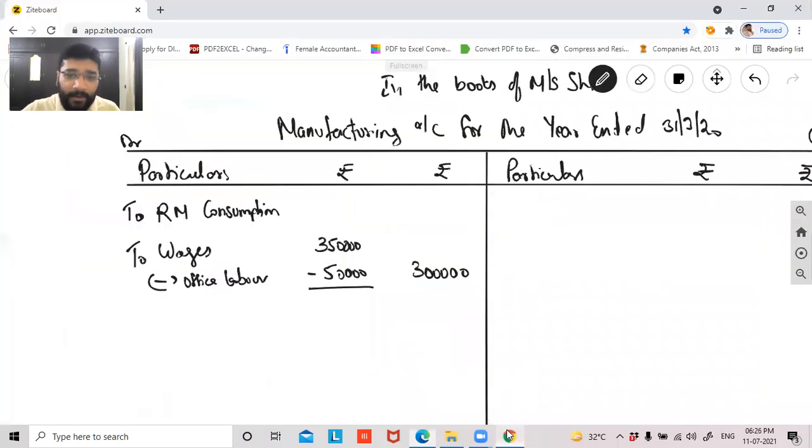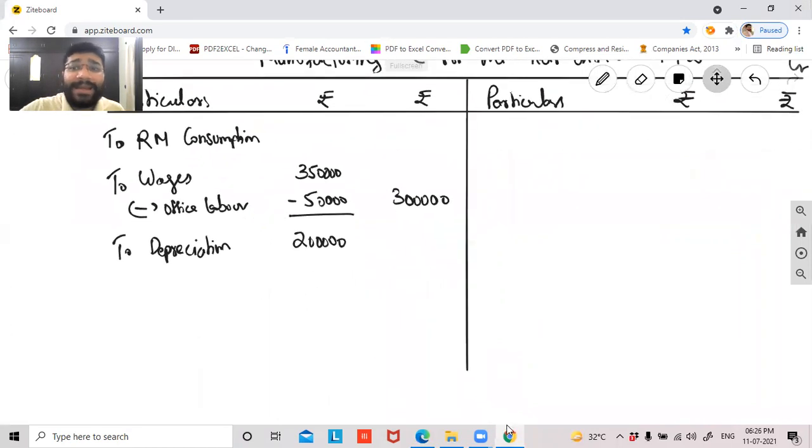Yes. Then further, if you look at the question, guys, to depreciation, 2 lakh rupees was already there in my manufacturing account. The question says that 10 lakh worth machinery they omitted to record. If they omitted to record 10 lakh worth machinery, obviously on that machinery they would not have calculated depreciation.